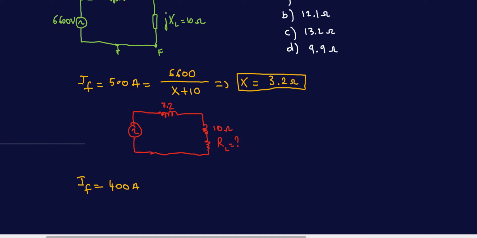So for us to have 400, we have I is equal to V over Z, so this is 6,600 divided by Z, the total series impedance. Therefore Z is equal to 6,600 divided by 400. So this is 16.5 ohms, right?